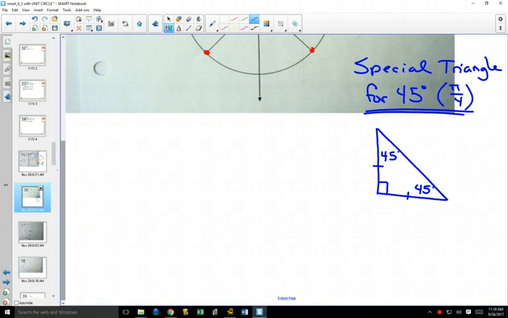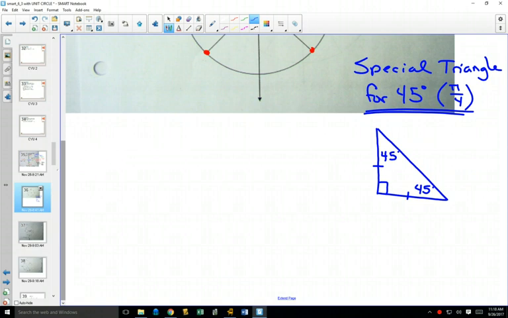Now the beauty of trigonometry is it doesn't matter how big or how small a triangle is. If you have a certain angle, like 45 degrees, sine of 45 degrees, the opposite over the hypotenuse, is always the same ratio, no matter how big or how small that triangle is. So that allows us to pick any number we want for one of these sides.